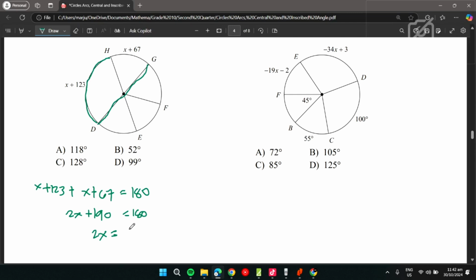Negative 10, right? Negative 10. So, x is negative 5. So, if x is negative 5, so negative 5 plus 123, this is just 118 degrees, which is letter A. Okay? So, ganun siya.